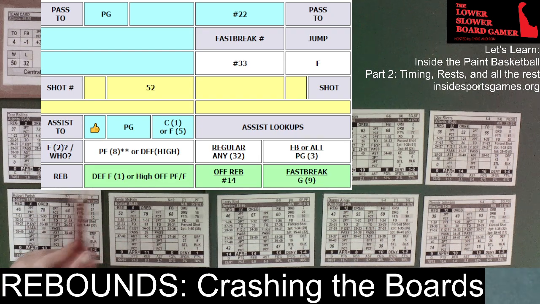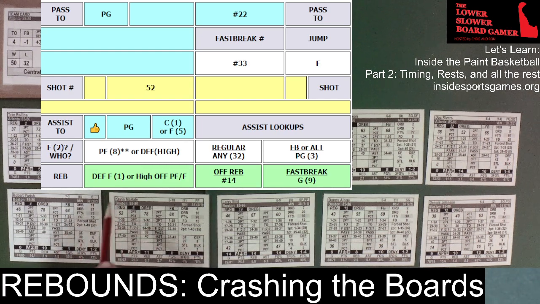Again, if your player mentioned for the rebound doesn't qualify for some strange reason, a forward with a 1, but some of them have 0, then you're going to see high offensive in a choice of 2 positions. Whichever of those 2 offensive players has the highest offensive rebound rating, that player is going to make the rebound.